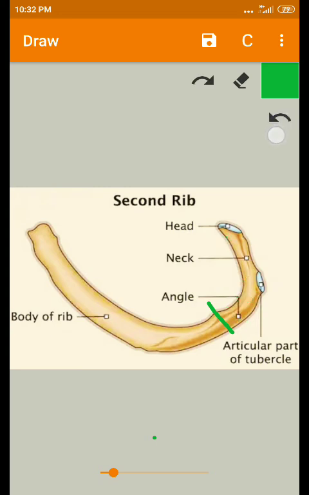The posterior part of the upper border has two lips, the outer lip and the inner lip. The outer lip is present just in front of the angle, and it is rough. If you have any rough part on the bone, that means it gives some attachments.